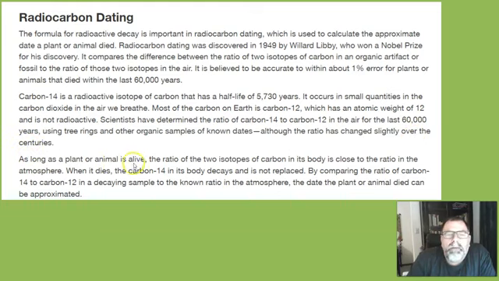As long as a plant or animal is alive, the ratio of the two isotopes in its body is close to the ratio in the atmosphere. When it dies, carbon-14 in the body decays and is not replaced. By comparing the ratio of carbon-14 and carbon-12 in a decaying sample to the known ratio in the atmosphere, the date the plant or animal died can be approximated.